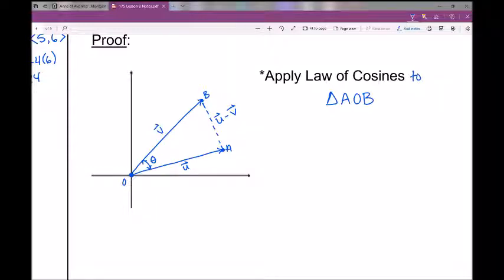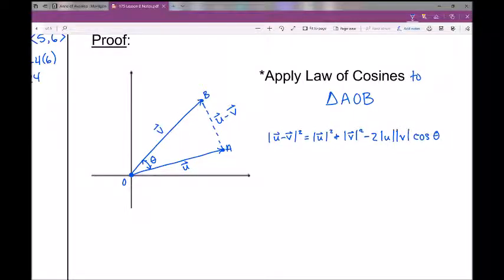So what we're going to get is the magnitude of u minus v squared is equal to the magnitude of u squared plus the magnitude of v squared minus 2 times the magnitude of u times the magnitude of v times the cosine of theta.